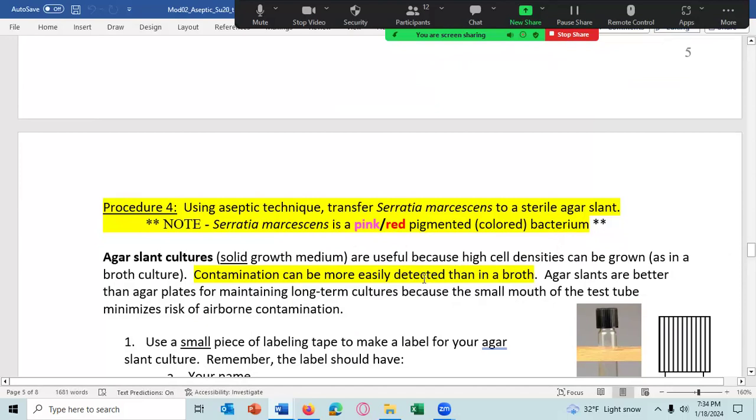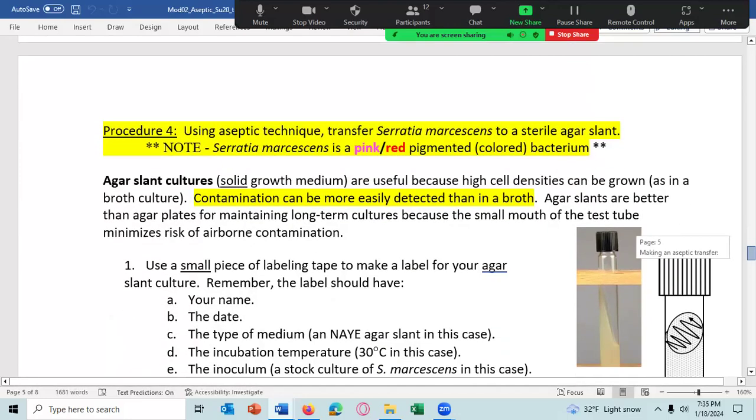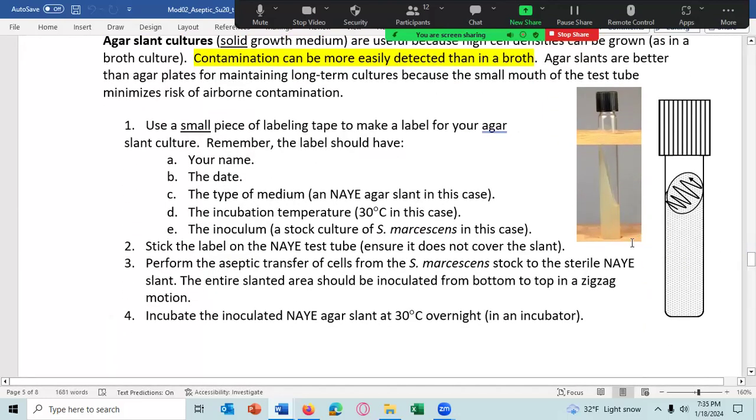With an agar slant culture, or any solid culture for that matter, contamination can more easily be detected than in a broth. The reason being, here's a slant, and we take a loop and take our cells and then streak the bacteria in an S-like motion so that you get this type of streak on the slant.